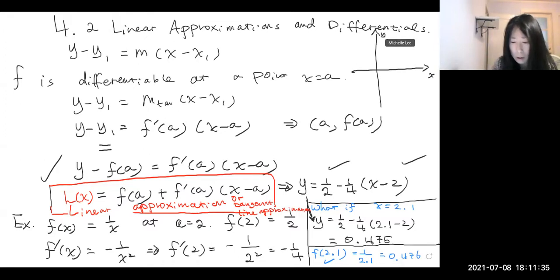And so f of x equal to 1 over x. We make a tangent line, the equation of the tangent, at 2. So at 2 here, 2.